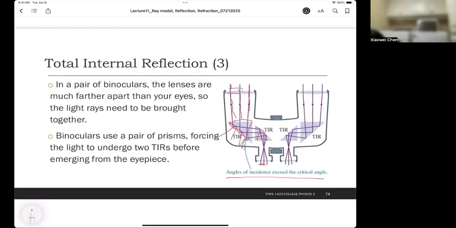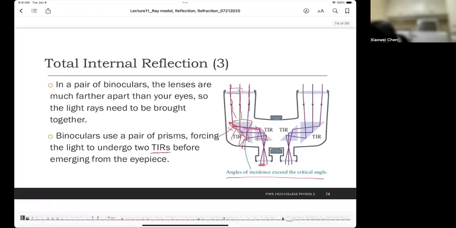You just want all the light to go to your eyes. So there are two different prisms that use the TIR phenomenon to reflect all the light to your eyes. Does it make sense to you? Okay, this is an application of TIR.